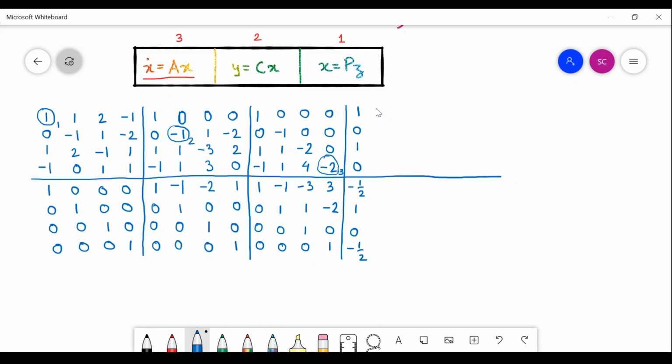This one would be 0, -1, 1, 0, and this would be half. This would be 0, 0. You do your calculation with pen and paper, and you verify whether this calculation is coming out to be correct or not. I am simply copying down from my notes.